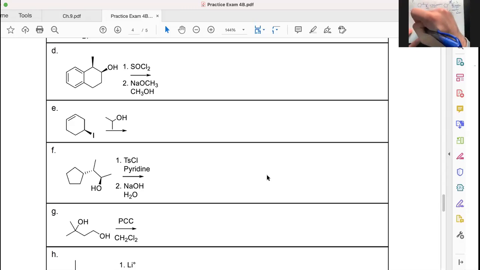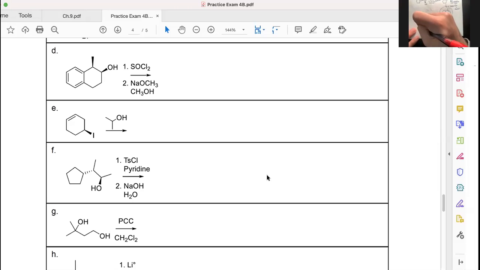G, it looks like we're going to do some sort of oxidation of alcohols. I like these. We're going to treat this with PCC and DCM. That was the weak oxidant, remember? So that's going to stop us at the aldehyde or ketone. And remember, the condition for oxidation in organic chemistry is the loss of a carbon-hydrogen bond while we gain a carbon-oxygen bond. So we can do oxidation here, but we can't do oxidation here because there are no protons present.